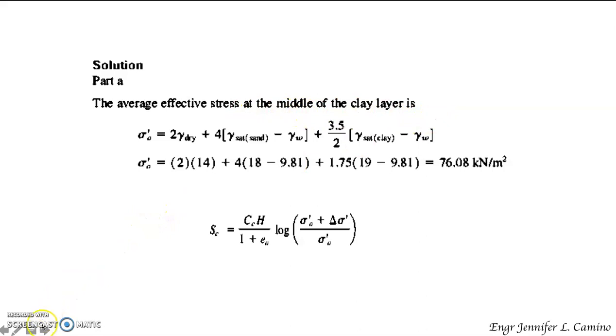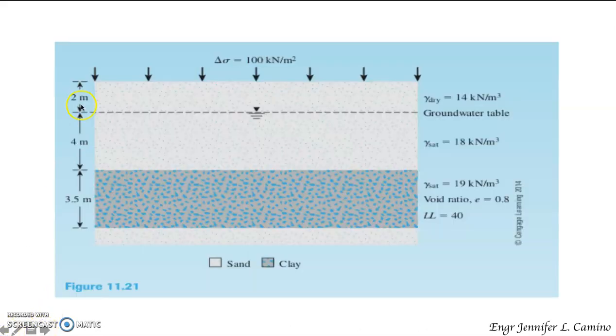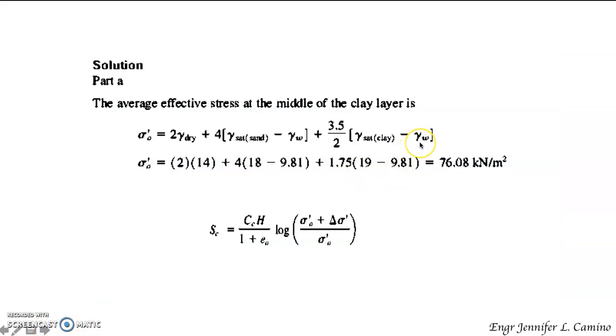The average would be equivalent to 2 times 14, the unit weight, plus 4 times, this is saturated, 18 minus 9.81, the unit weight of the water, plus, since we're after the middle portion, 3.5 over 2 times 19 minus 9.81.